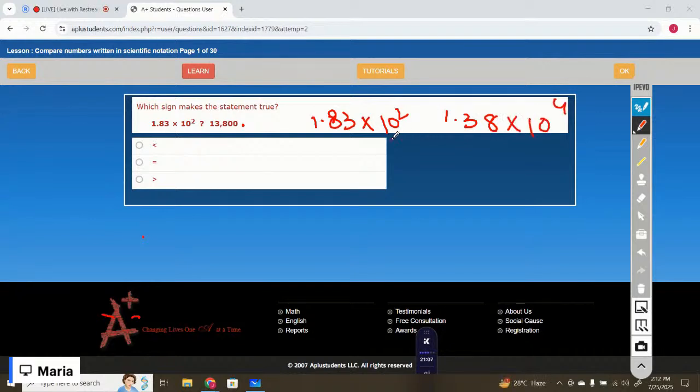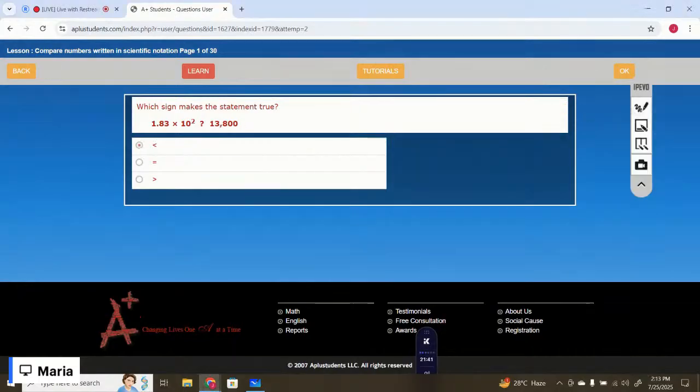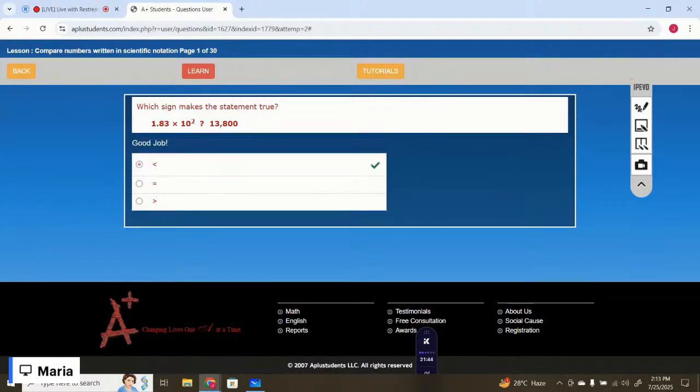Now the first thing you compare is the exponents. Here the exponent is 2 and here the exponent is 4. 2 is less than 4. So 1.83 times 10 exponent 2 is less than 1.38 times 10 exponent 4. The correct option is less. Option number 1 is the correct option.